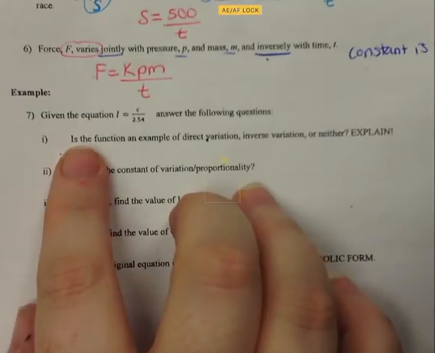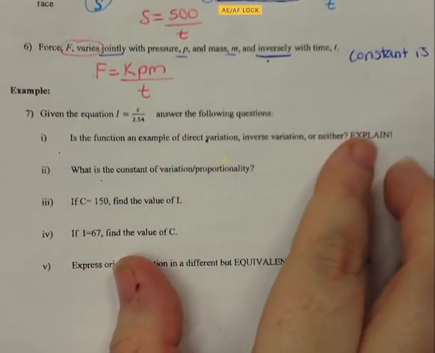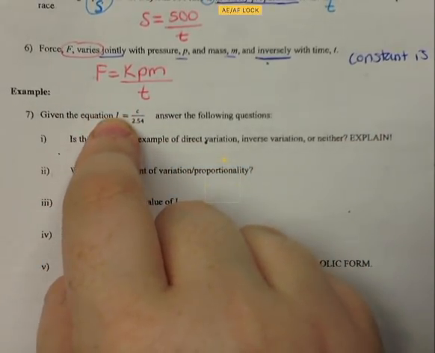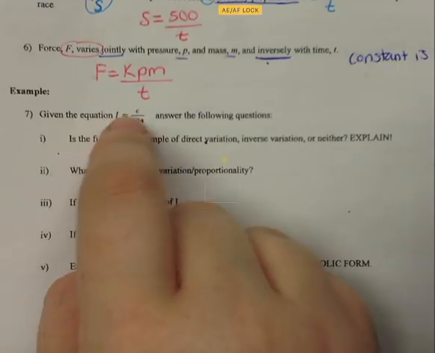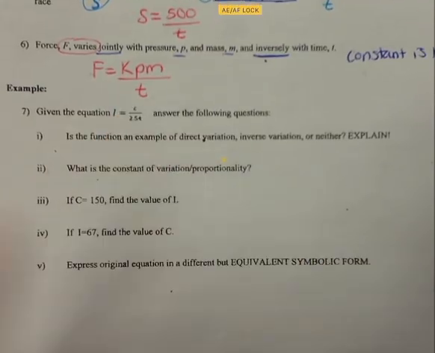So the first question is, is this function an example of direct variation, inverse variation, or neither, and explain. Okay, so first we have to look at, is one of the variables completely alone? It is. And then where is your C located? The C is actually in the top. That means it's going to be a direct variation. We can also think about this as, if we're measuring something that has more inches, that means there will also be more centimeters.